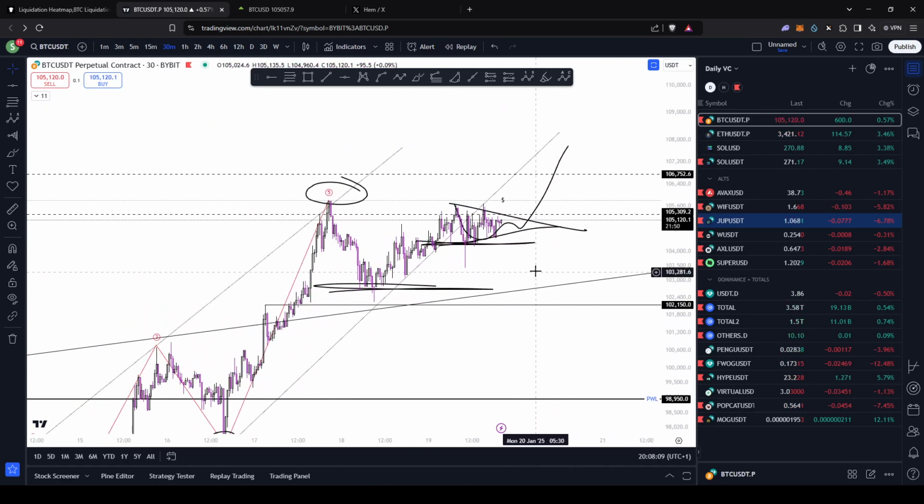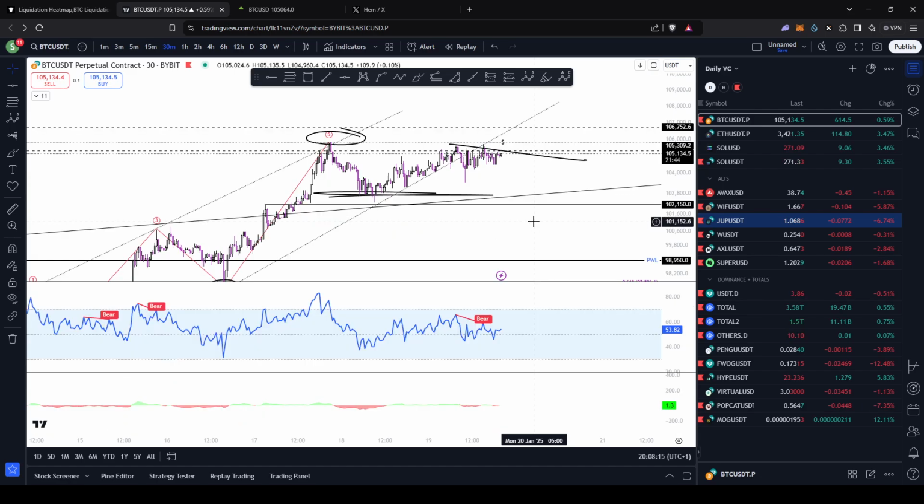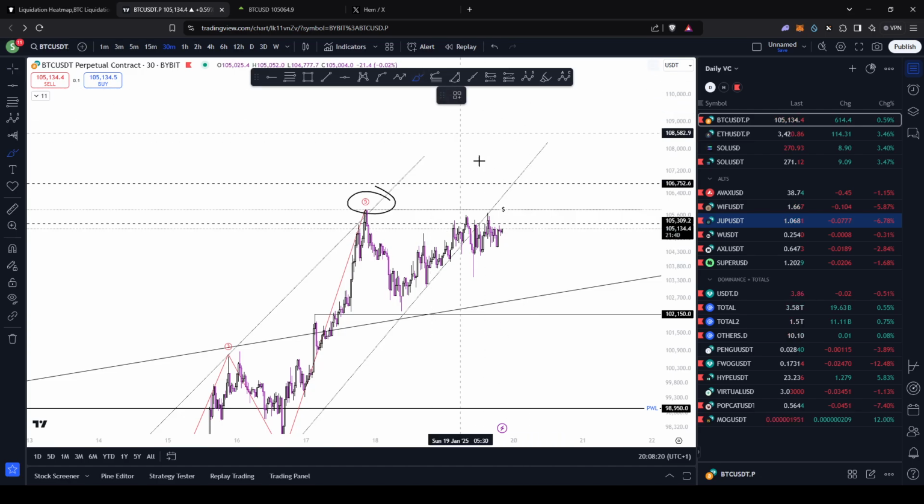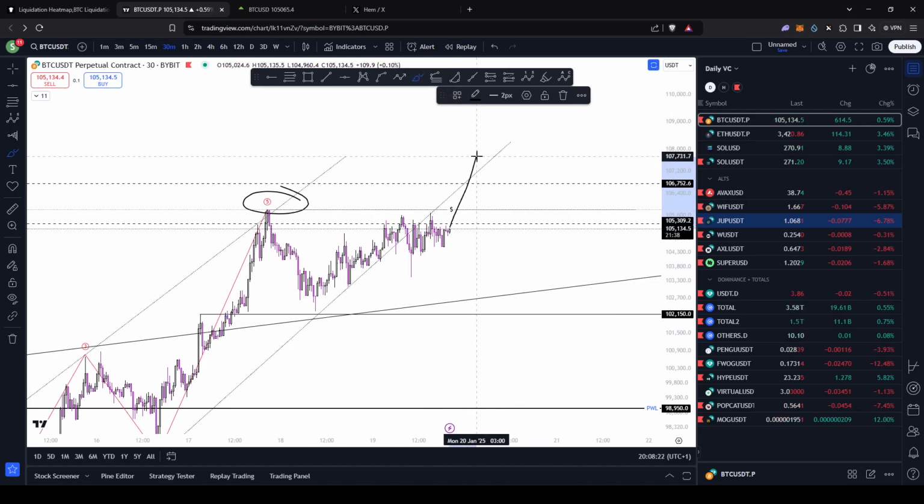Not a confirmed short. There's nothing there yet, so we have to wait and see. The optimal scenario is that you do get some sort of an impulse, like a liquidity sweep, you push up into this resistance right here at 106.7, take out this high, you get a quite aggressive reaction back down, basically only wick above, and you close your candle below.